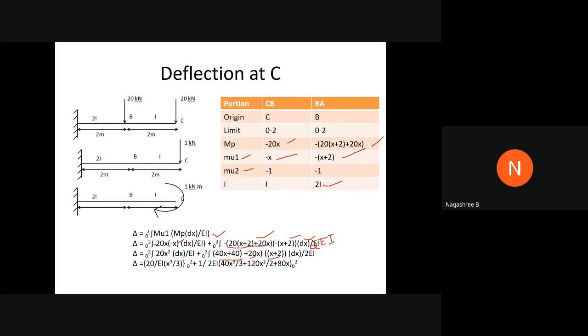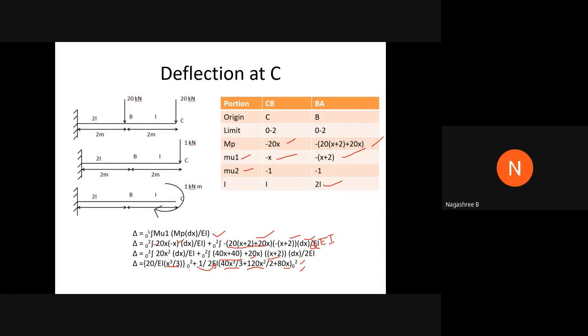So x square dx integration will be equal to x cube by 3 between the limits 0 to 2, and then I have taken 1 by 2EI as common over here, and then integration of 40x square will be 40x cube by 3, and then 120x square divided by 2 plus 80x between the limits 0 to 2. So you please integrate that and you will get the same value.